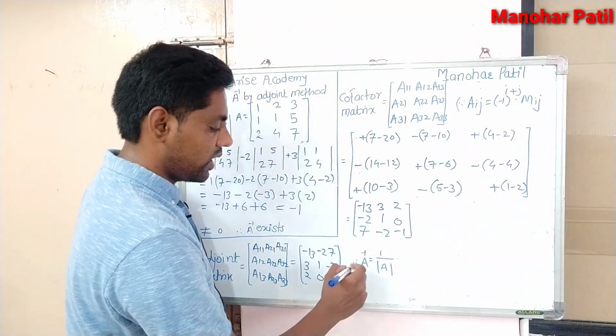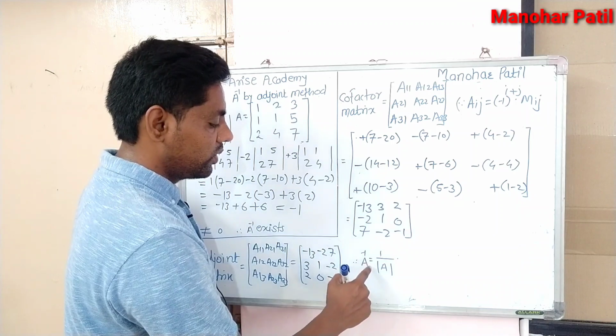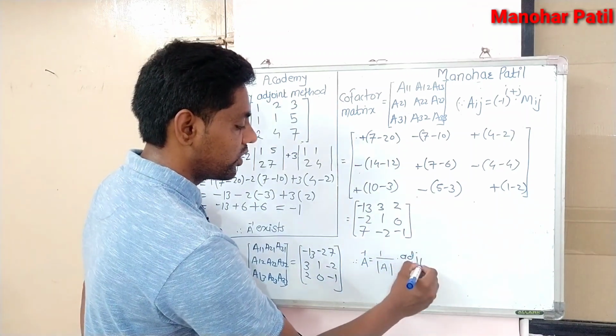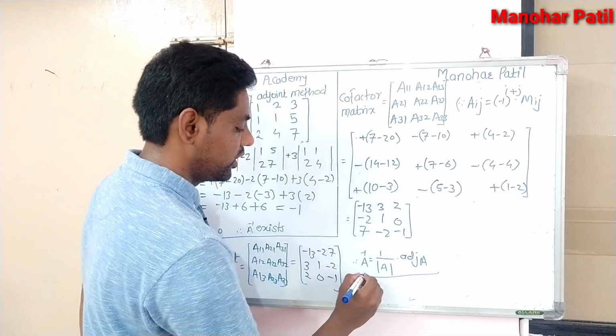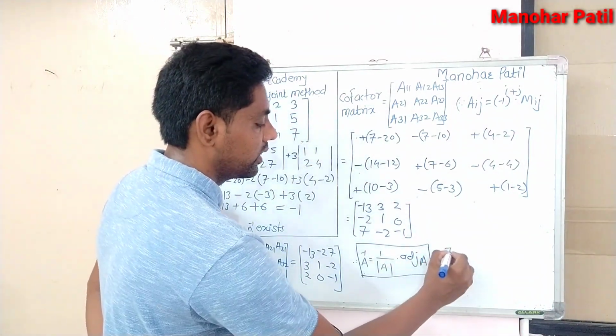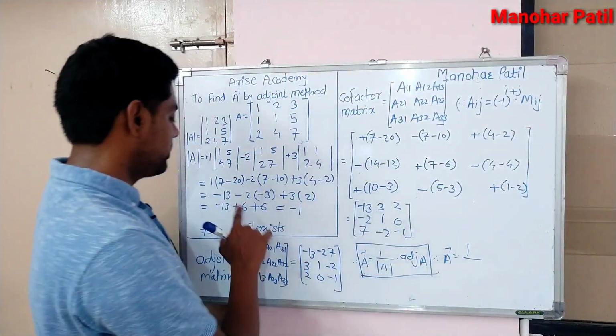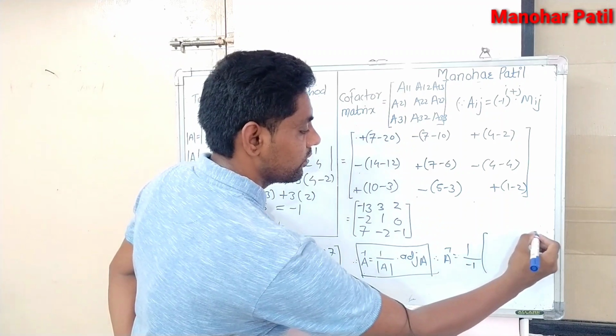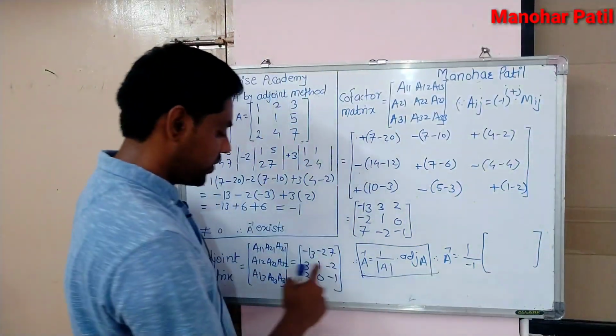By using this formula, A inverse is equal to 1 upon the determinant of A into the adjoint of A. Therefore A inverse is equal to 1 upon, what is the value of the determinant? Minus 1. And what is the value of the adjoint matrix?